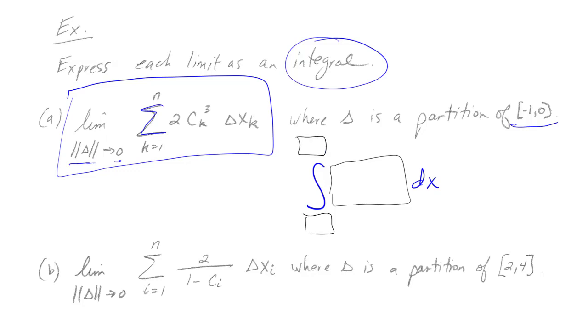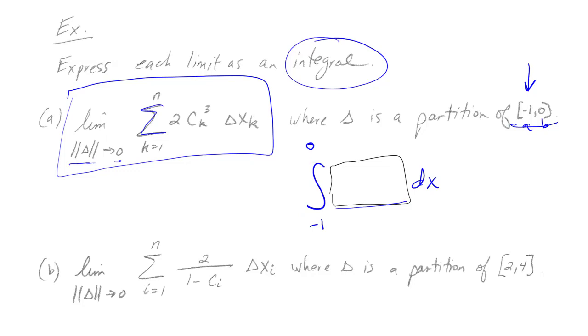All right, so basically we have the integral of some function in here from some place to some place with respect to x. So now I just need to figure out what goes in here. So one part is pretty easy. This is saying we go from a to b. So -1 to 0.